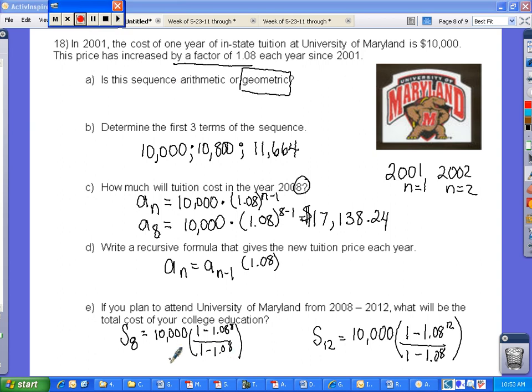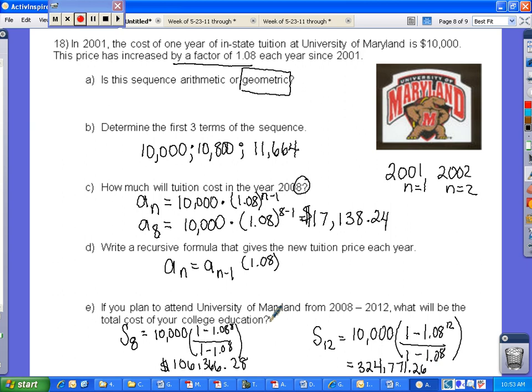So the value of S sub 8 is going to be about $106,366.28. For the 12 years, it's going to be $324,771.26.